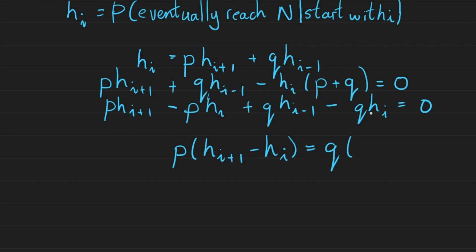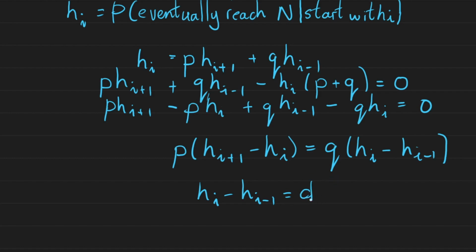And then since I've taken it to the other side, the signs change. So I write Hi first, and then I have minus H(i-1). So this is Hi minus H(i-1). This is actually what we call the forward difference because this is a recurrence relation.